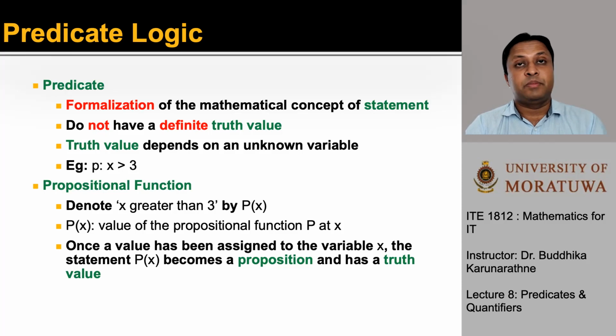So the predicate becomes a proposition and has a truth value. For all the values of x, P(x) will have a truth value, but only when there is an assigned value, which is in this case P(x).